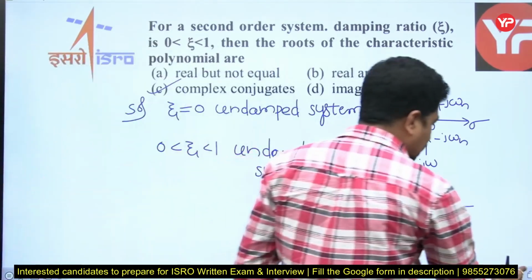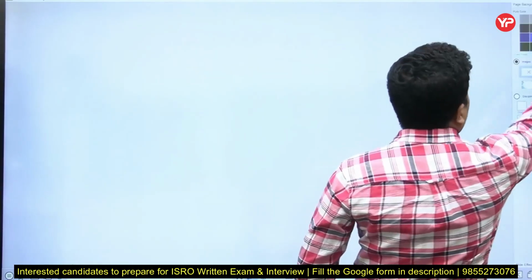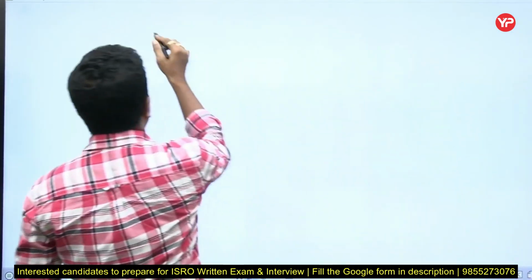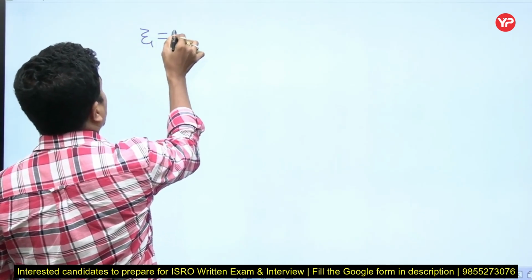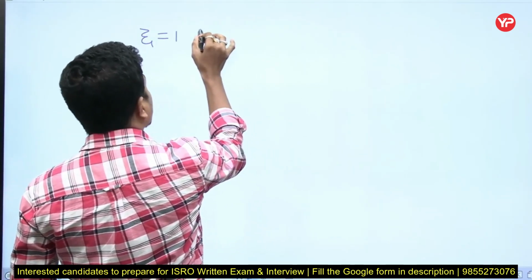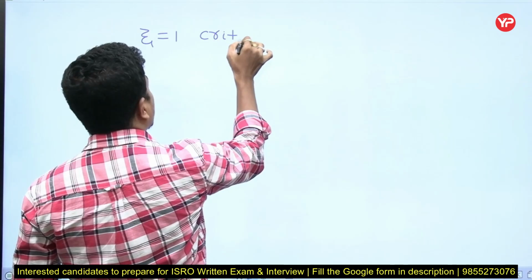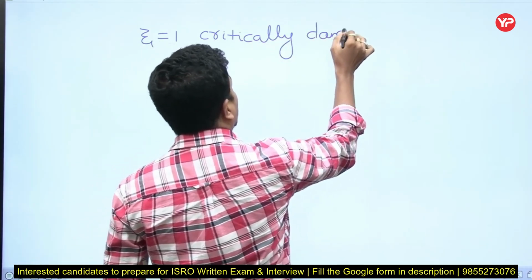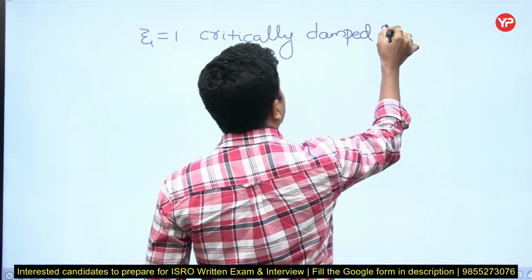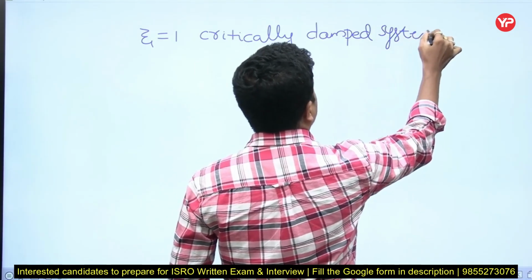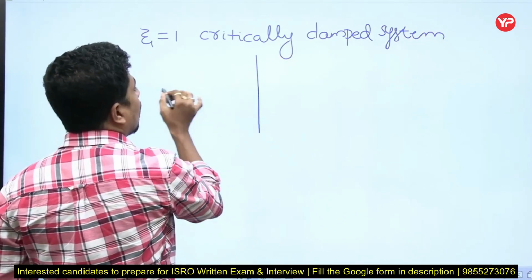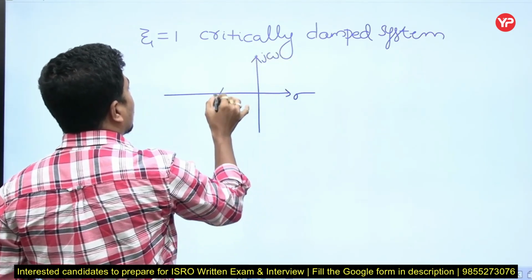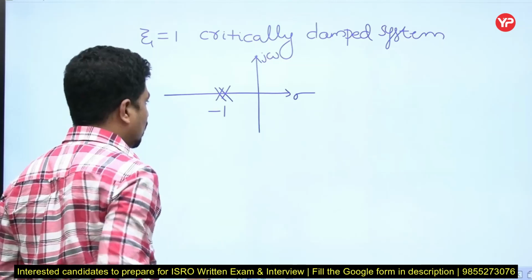Now let's discuss zeta equal to 1 and greater than 1 also. If zeta is equal to 1, this is called a critically damped system. Poles are real and equal.